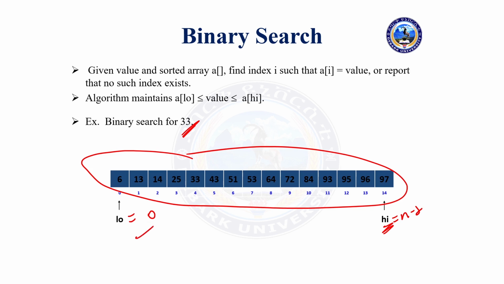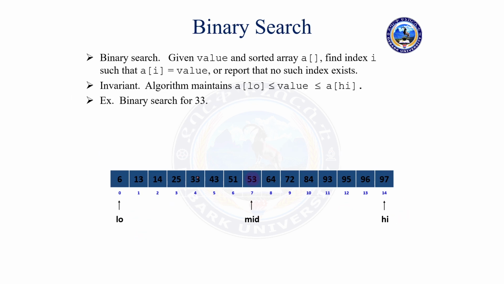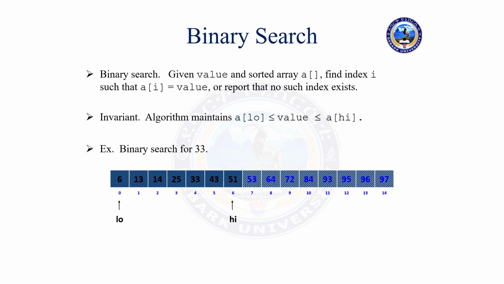After that, we are going to find the index of mid, which equals (low plus high) over 2. So (0 plus 14) over 2 equals 7. So the index of mid will be 7.